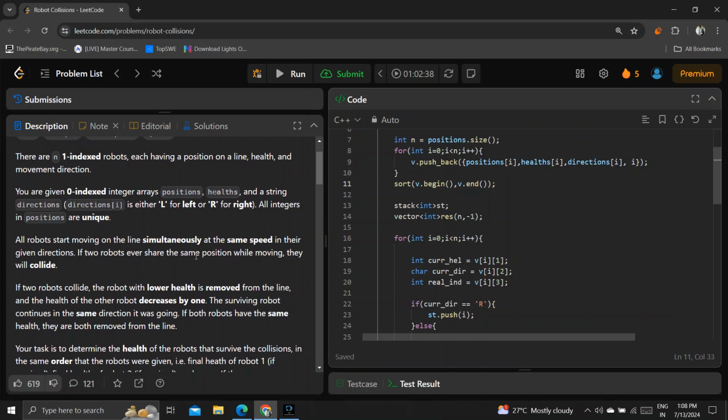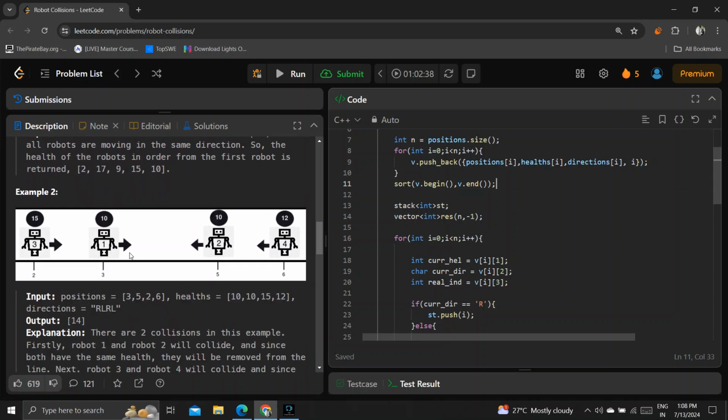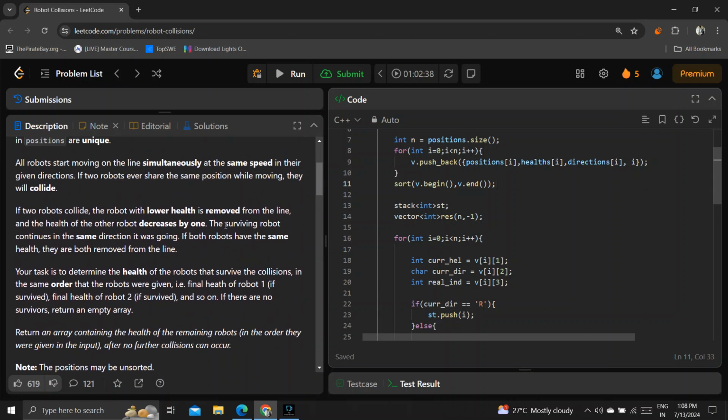And when these robots move and come onto the same position, they collide. Basically, one robot is moving in this direction and the other in this direction, and when their positions become equal, they both collide. Now the second condition: whenever a collision occurs, what will happen?